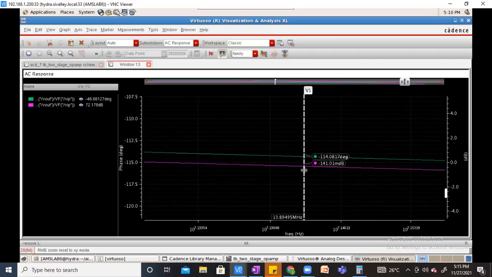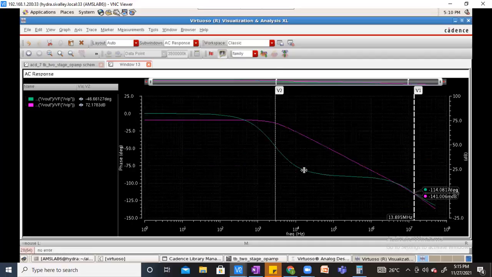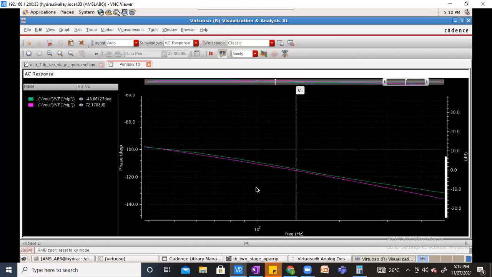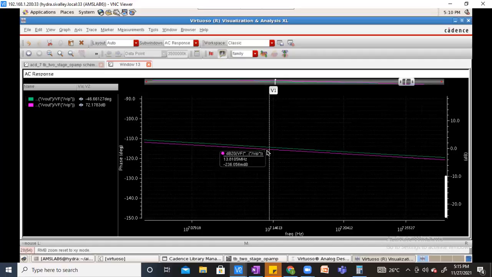Similarly, we have to write the expression to calculate it. I'll give a hint: use the cross function. What the cross function does is it gives the frequency at which the gain crosses 0 dB.